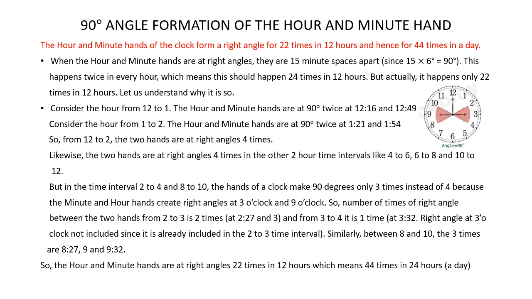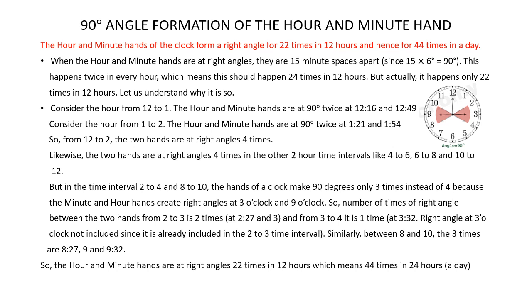Now let's consider the 2-hour time interval from 2 to 4. Now between 2 and 3, the two hands of the clock are at right angles 2 times. Once at 2:27 and the next time at 3 o'clock. Now between 3 and 4, the two hands of the clock are at right angles 2 times.